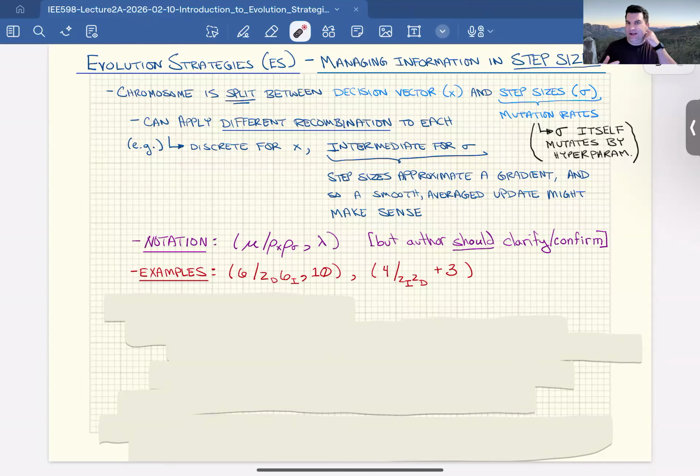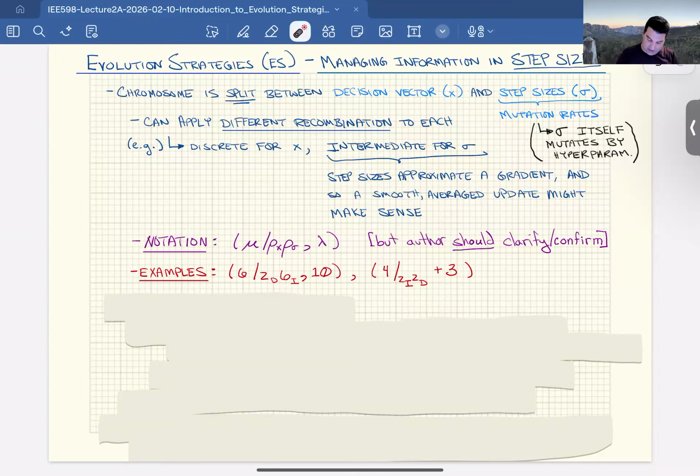It's hard for me to come up with a good example of why we might want to use discrete recombination for the step sizes. Maybe there are good examples for that, but step sizes approximate a gradient, and so maybe a smooth average update makes more sense than just swapping a step size with another individual.